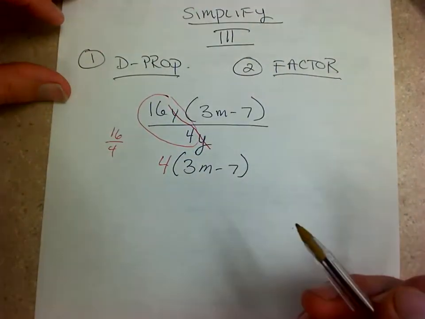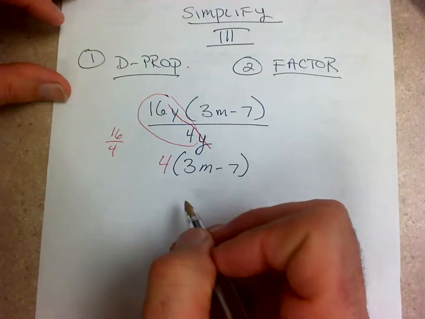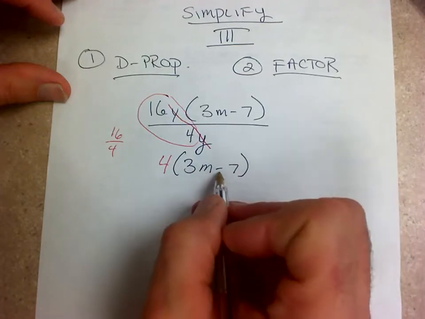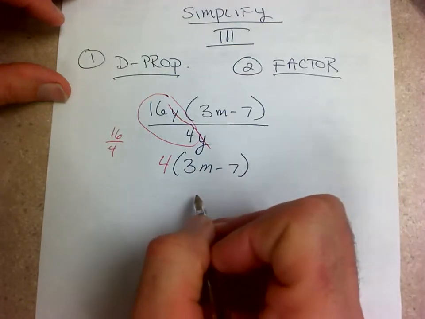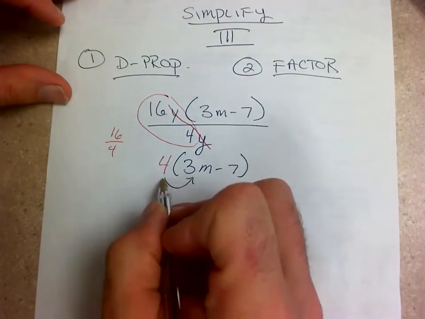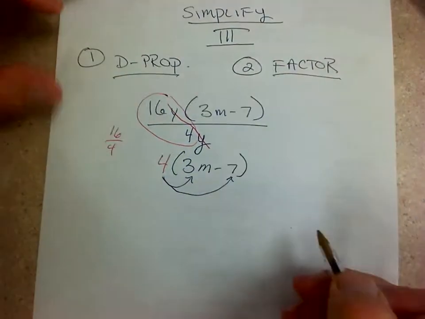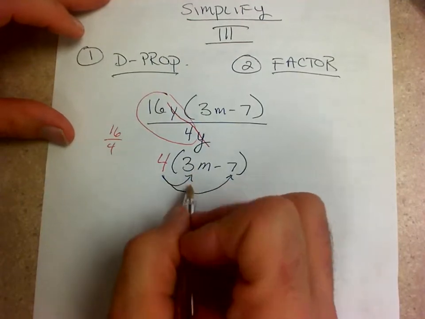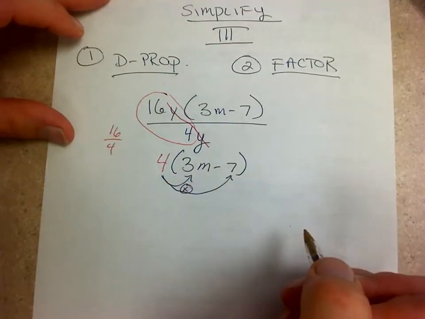Now, once we get to this point, we need to remove our parentheses. 3m minus 7, not possible. So we can take our 4 and distribute it through. Remember, when we do distributive property, that means to multiply.